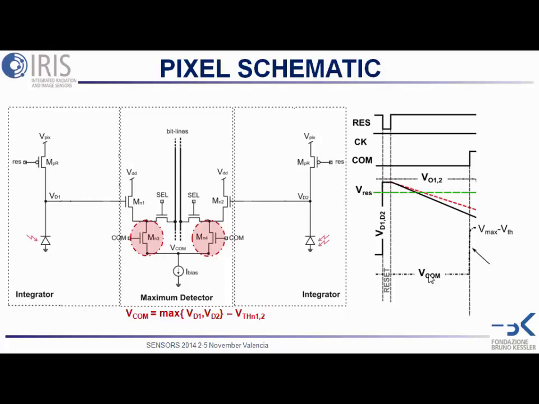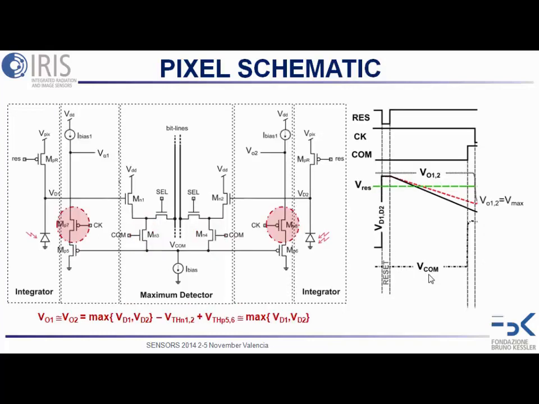These two transistors allow us to basically shortcut the source of these two source followers in such a way that VCOM is equal to the maximum between VD1 and VD2 minus the threshold voltage of the transistor.